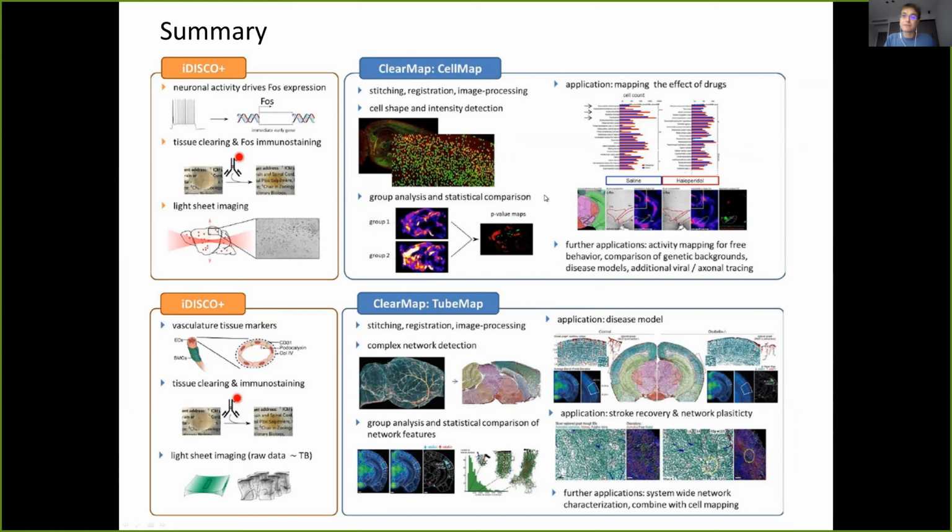There are many more applications of that pipeline that I didn't have the time to go into. Our vasculature pipeline, TubeMap, also has, of course, more applications, for example, to stroke models or to detect other more sophisticated structures and statistics in general of the brain vasculature as a whole.